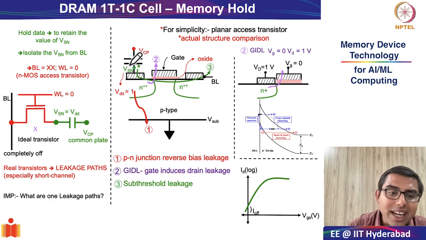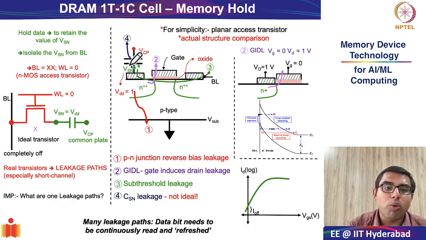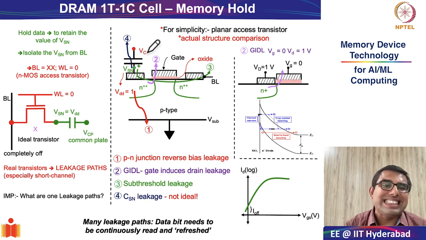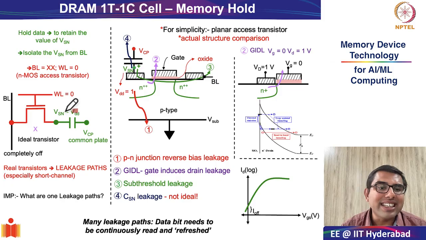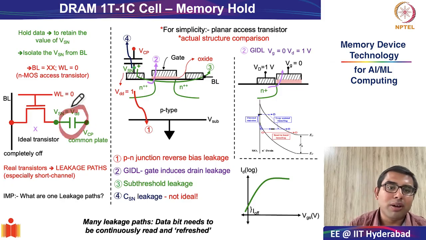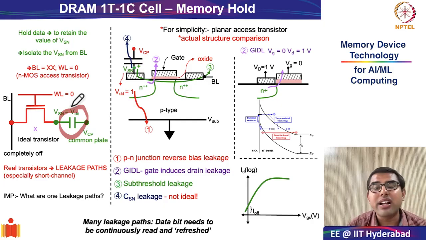Okay, and the final reason why there can be a significant amount of leakage is that all the time we were considering this capacitor to be an ideal capacitor. But as we will see, what we are doing with these storage node capacitors is making the gate oxide thinner and thinner. The reason for doing that is to increase its oxide capacitance.